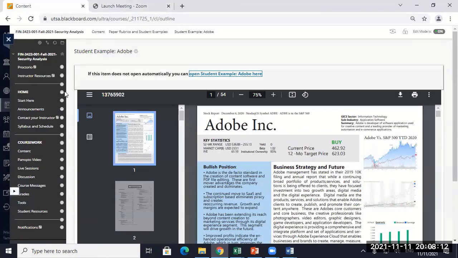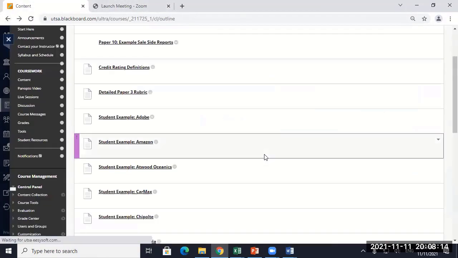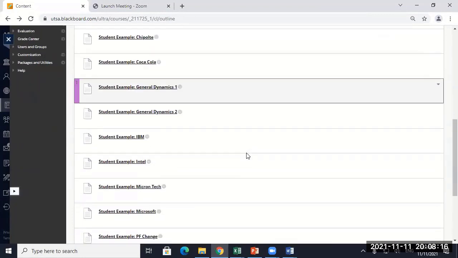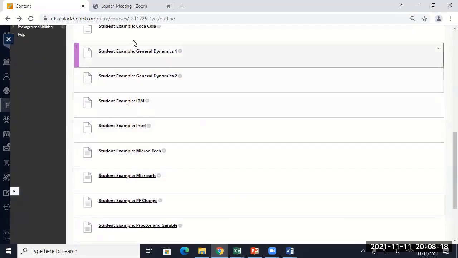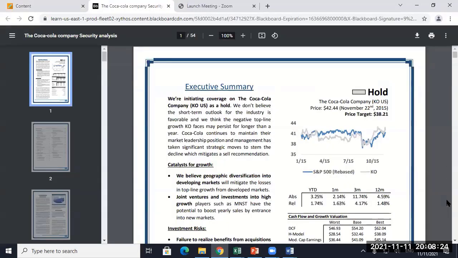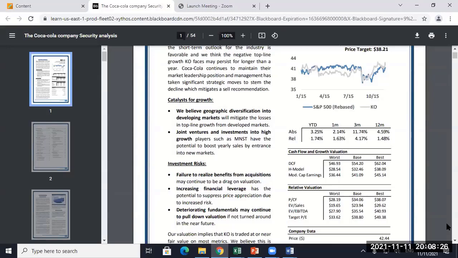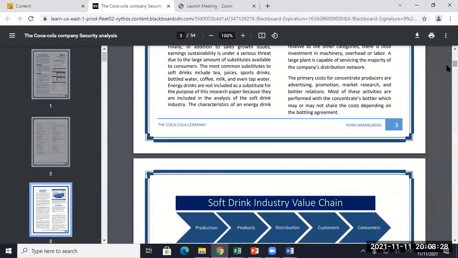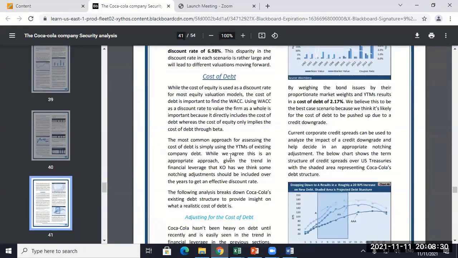Let's try one more paper, because I do think this section especially gives you some ideas. Well, Coca-Cola, one of my favorites. This is a little bit older. Every component we're talking about is here.